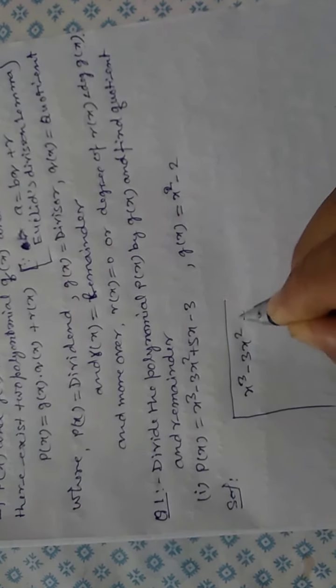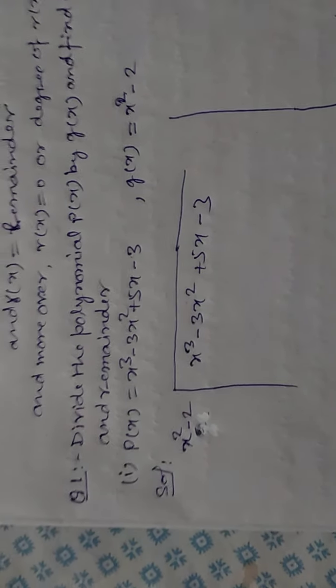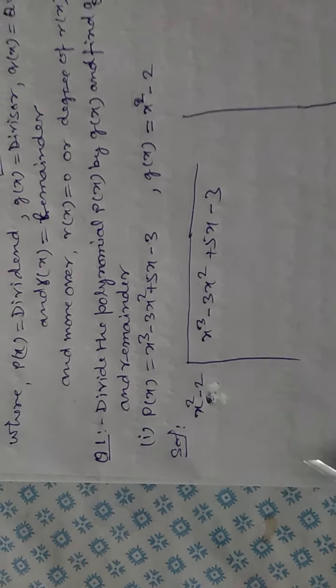Now this p(x) is x cube minus 3x square plus 5x minus 3 and divide it by g(x). Divide this p(x) by g(x), x square minus 2.